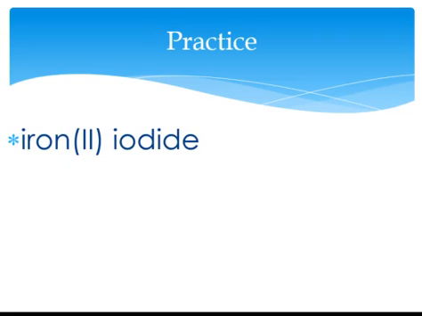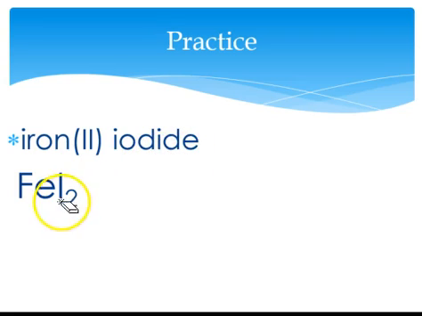Iron, Roman number 2, iodide. Now that says iodide. It didn't say iodate or iodite. So hopefully you remember this is the old naming system, the one we learned in the very first week, the very second lesson that we learned.